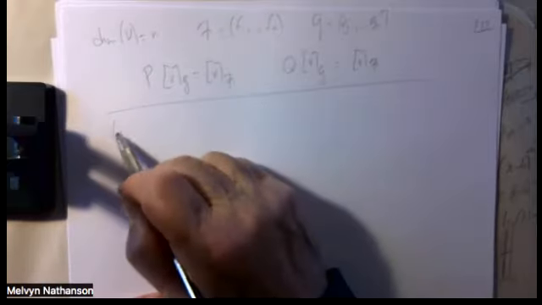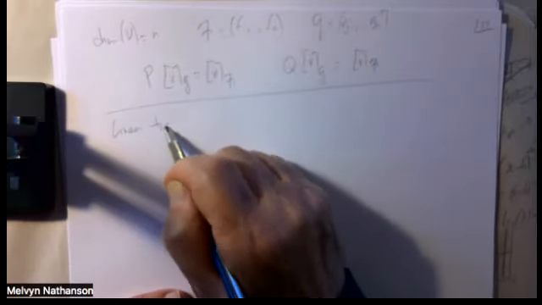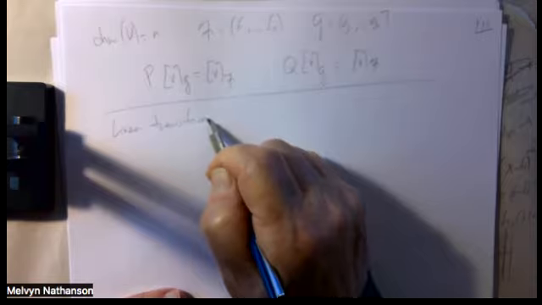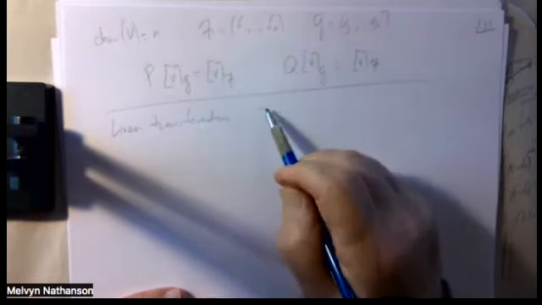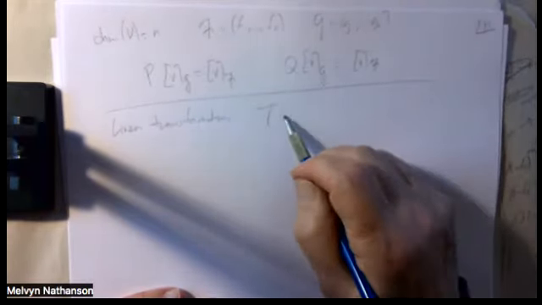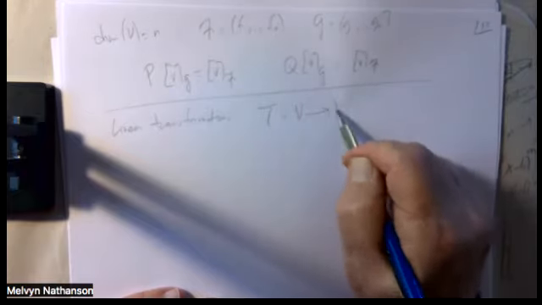Now, let's go back to linear transformations. Suppose we have a linear transformation T from a vector space V to itself.